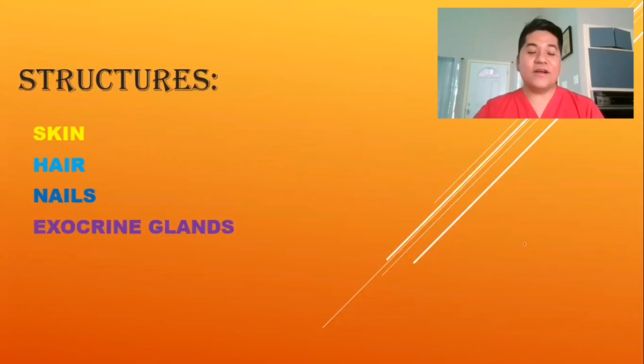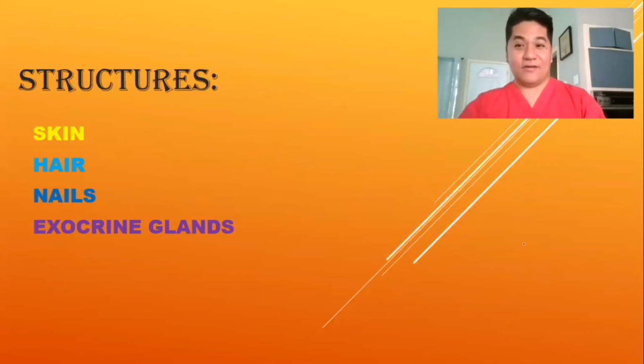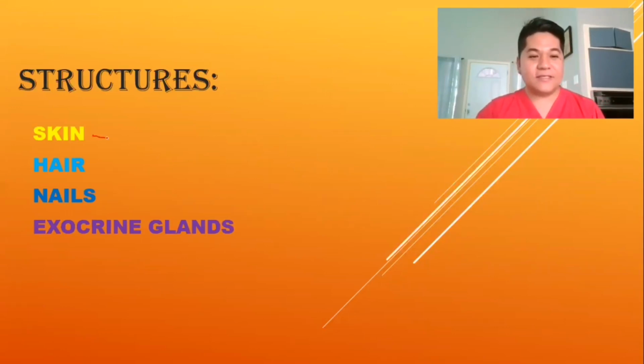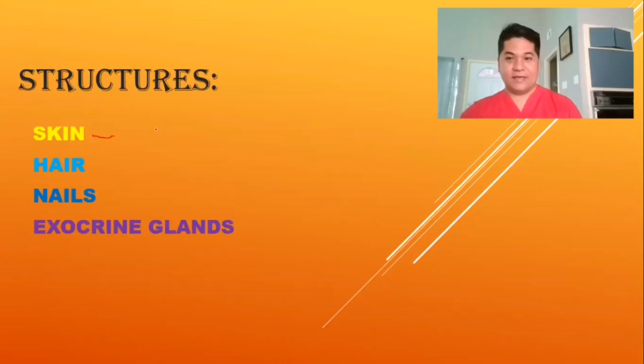Now, your integumentary system is responsible for a lot of things going on in our body. The structures involved include primarily your skin, which is the largest organ in the body because it covers our body.